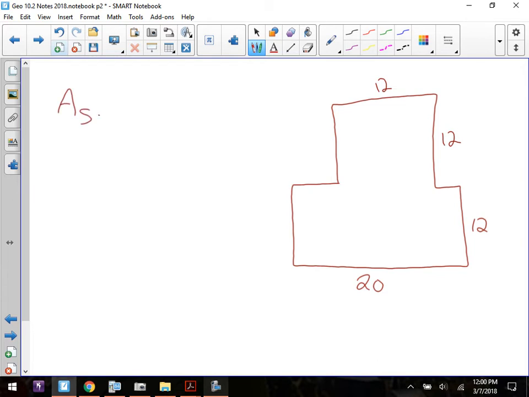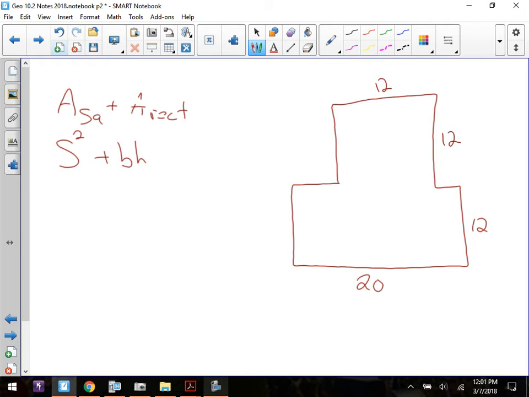So you have an area of a square, and you're adding an area of a rectangle. Take a second and write down the 2 shapes you're working with, because then you can reference your 2 formulas: side squared plus base times height. You guys have that one. We had listed out all of our formulas.